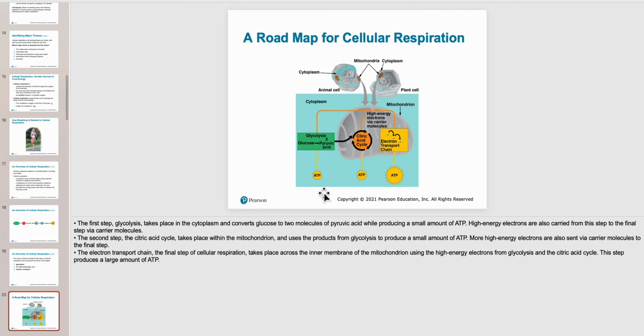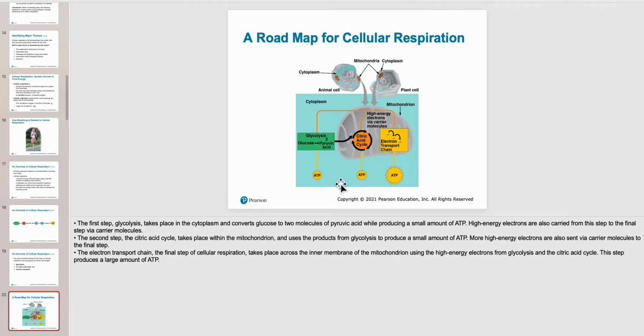And by definition, anything anaerobic, without oxygen, produces very little ATP. Remember I said the slow burn. This is about 2 ATPs. Later on, we'll see a picture that tallies it for us. But right now, just keep a mental note that glycolysis, being anaerobic, produces only 2 ATPs, very little.